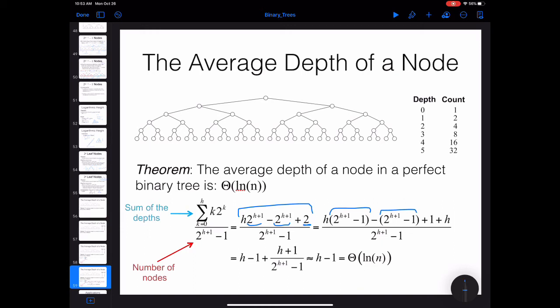By factoring out these 2 terms, I'm trying to find something similar to the denominator. So this is going to be h minus 1 multiplied by 2 power h plus 1 minus 1. This is exactly the denominator, so I can take this h minus 1 out. So I have h minus 1 plus this term.